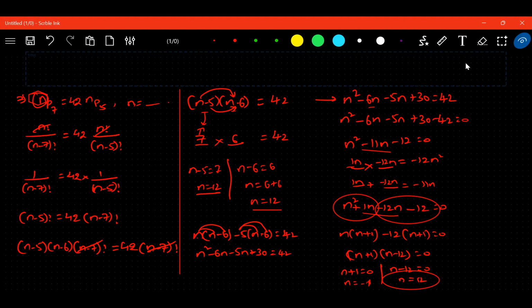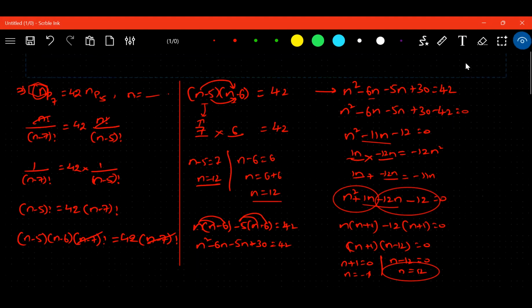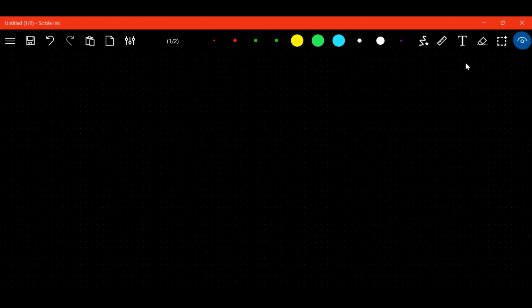When I'm calculating (1 plus x) whole to the power n, if I want to calculate the sum of the coefficients, let me explain it. See here, (1 plus x) whole to the power n.